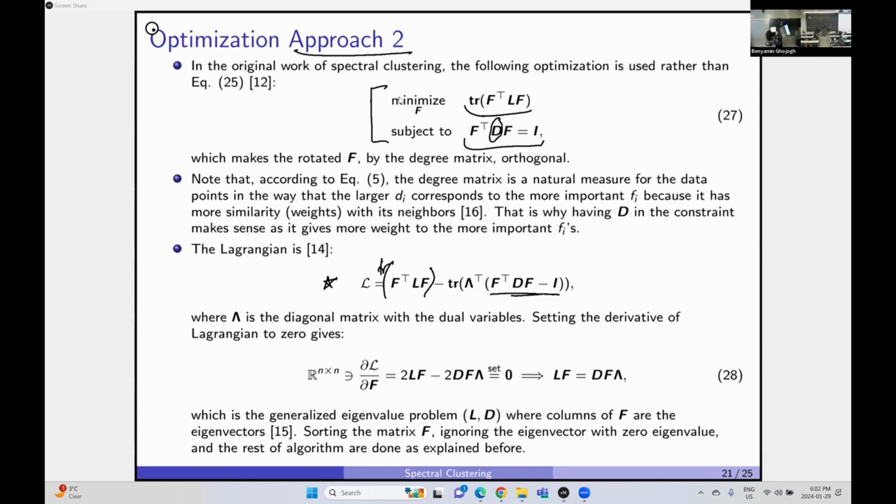Take derivative, set it to 0. Then you will end up with this. How is it different? What is this, by the way? This is a generalized eigenvalue problem, LD, right? Recall preliminaries. This is a generalized eigenvalue problem and not an eigenvalue problem anymore, right? So again, we sort the columns of the matrix F from the smallest eigenvalue to the largest eigenvalue because it's a minimization problem, right?